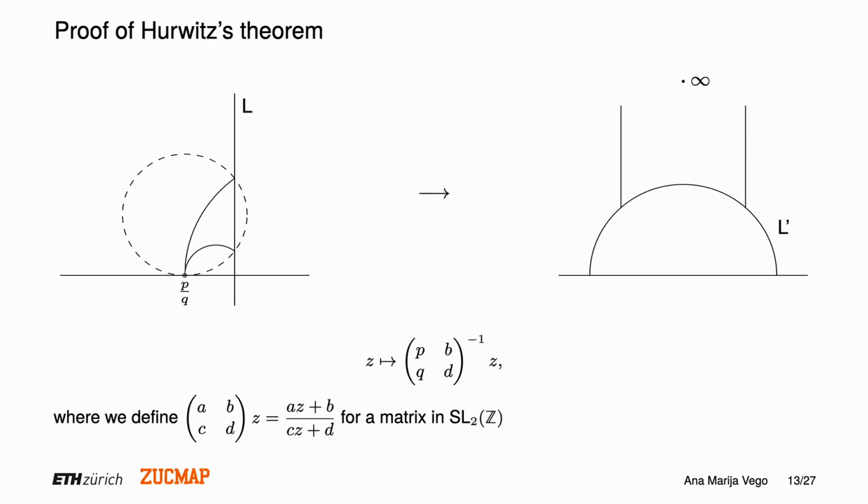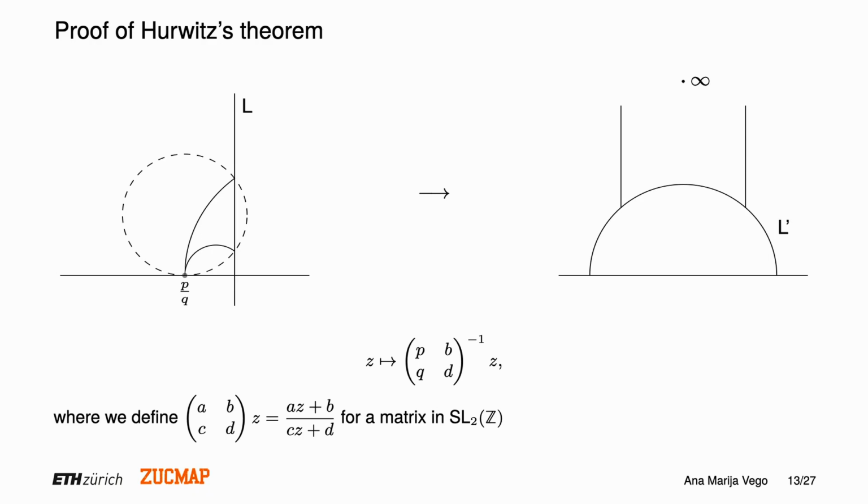We don't have to look at the entire upper half plane, it's sufficient to look at parts of it. If you let this modular transformation act on this construction, we can send the point p over q to infinity, and then this line L gets flipped over into a half circle, denoted by L dash.